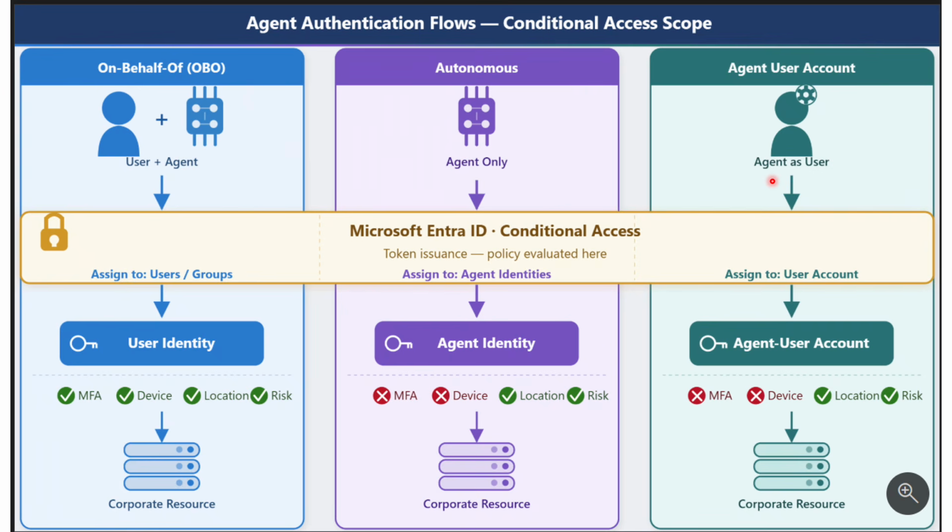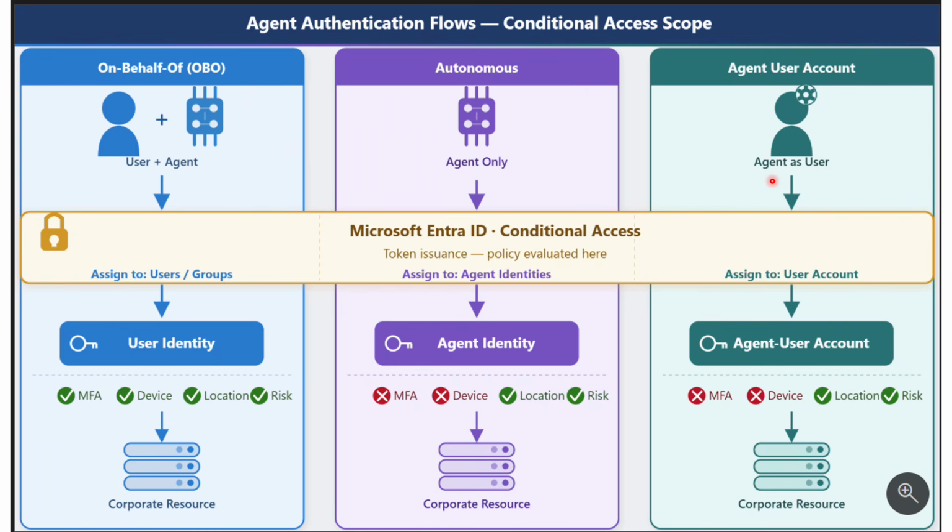For example, it might need its own mailbox or access to a system expecting a user identity. Conditional access evaluates that agent user account. Again, MFA and device requirements generally don't fit because this isn't a human interactively signing in.